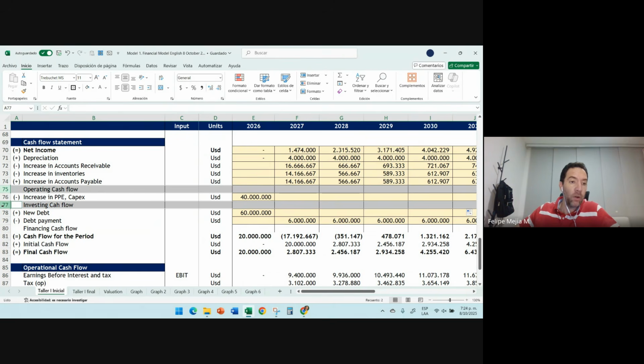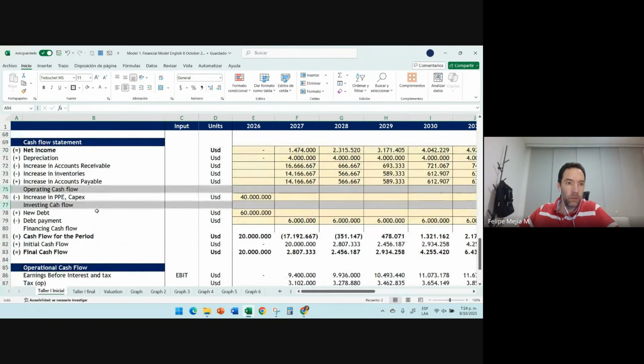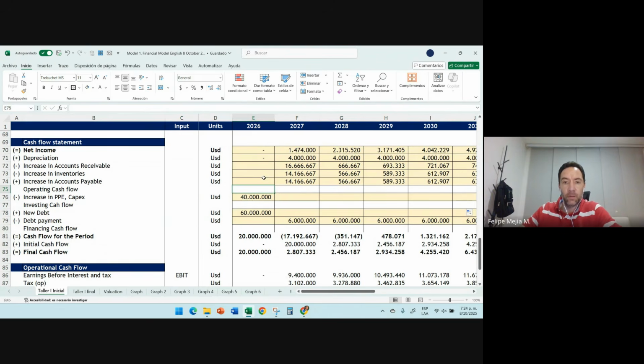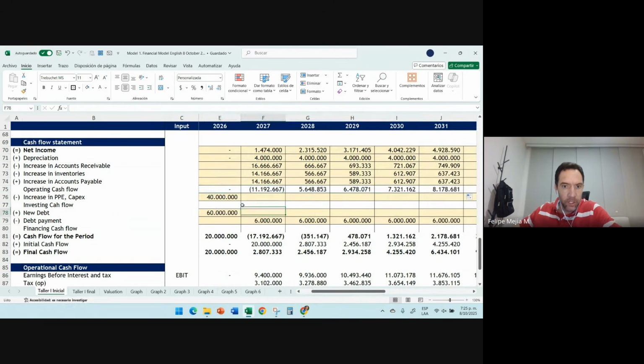And there is one called free cash flow to the firm that uses this cash flow. All those things we will discuss later. So for now, let's just document here the net income plus depreciation minus change in working capital. This is the operating cash flow, correction, operating cash flow. This one here is the investing cash flow.